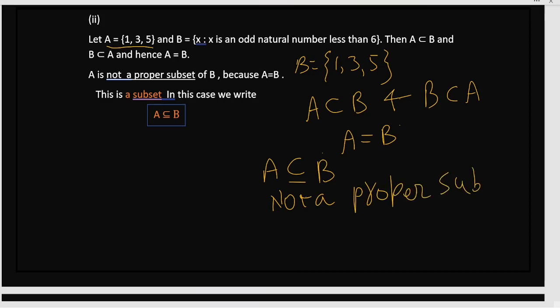This is the only thing you should remember in this concept. If A and B are equal sets, then they are not proper subsets. They are subsets of each other, but they are not proper subsets. When A is not equal to B, that becomes a proper subset.